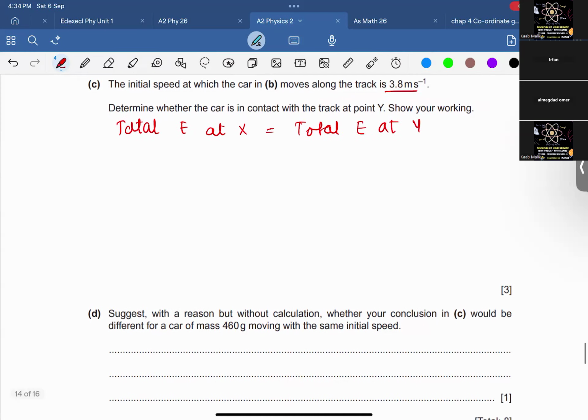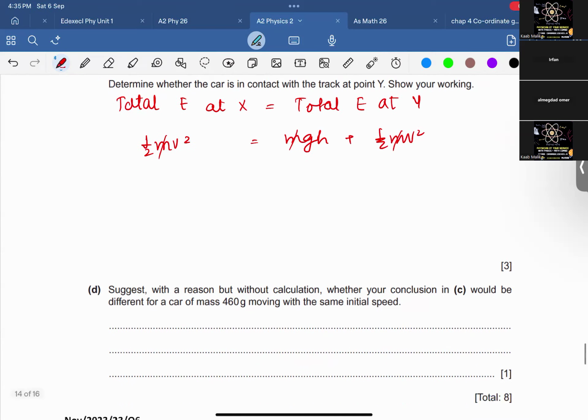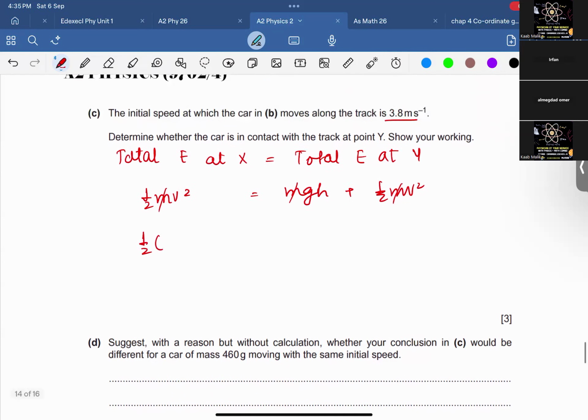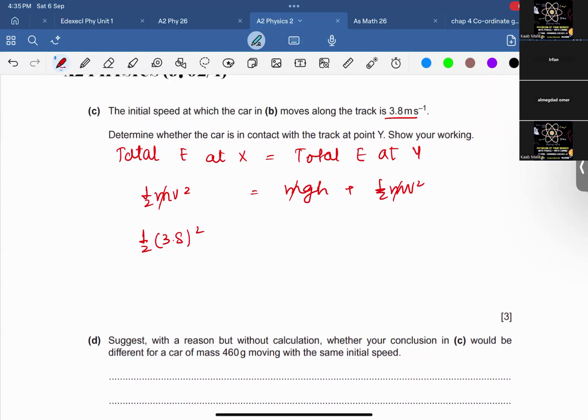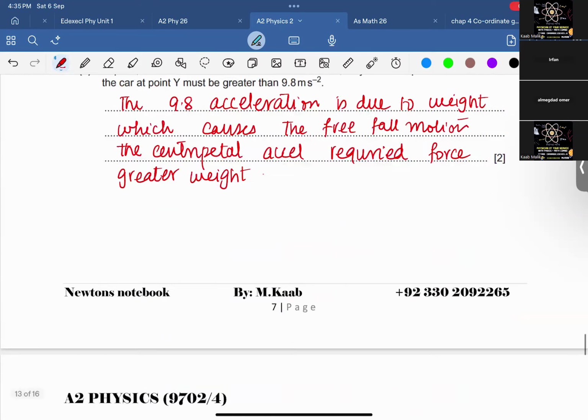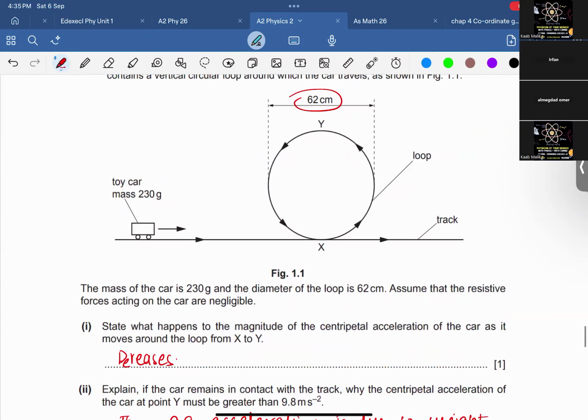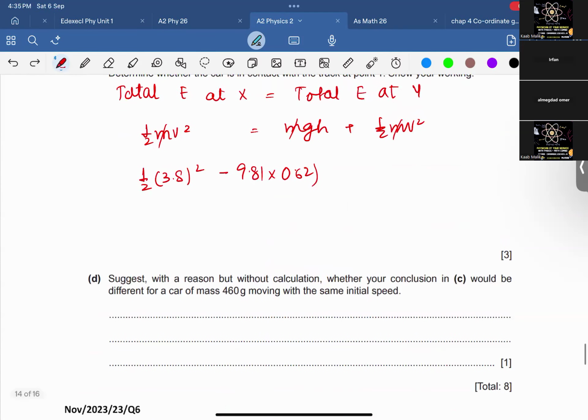At x there will only be kinetic energy, half mv squared, and at y there will be mgh plus half mv squared. m cancels, then one over two, velocity is 3.8 squared, minus 9.81 into h, which is 0.62, the diameter given in the previous part. Then times it by 2, and root the whole thing. So you will get the velocity.